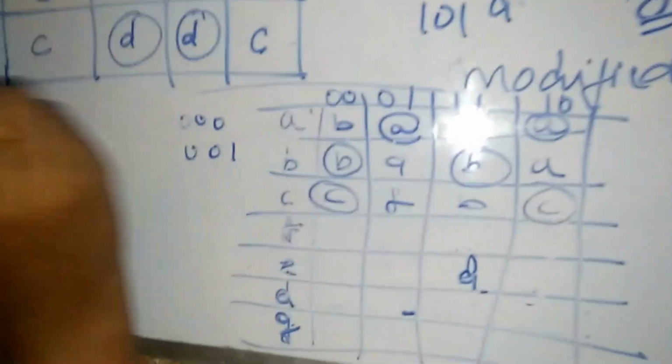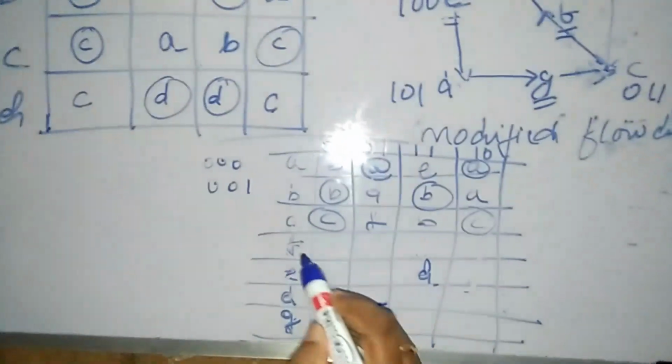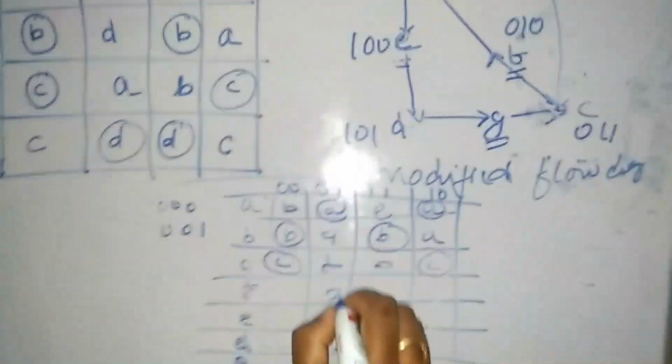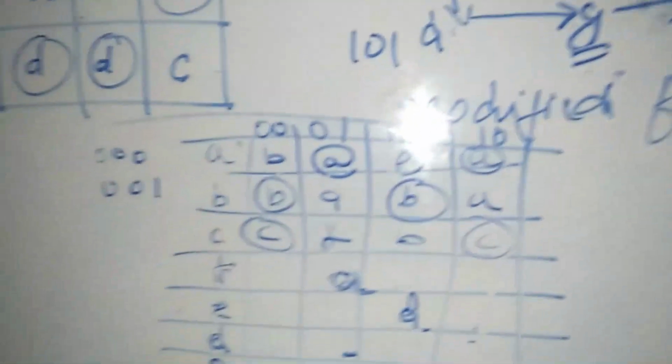So where is C? C is here. It is going to A. So C to A, it has to be F here. We have written it correctly. For F, it has to come to C to A. C to A, it has to go to F. From F, it has to come to A. Yes, it's correct. Here it has to be A.